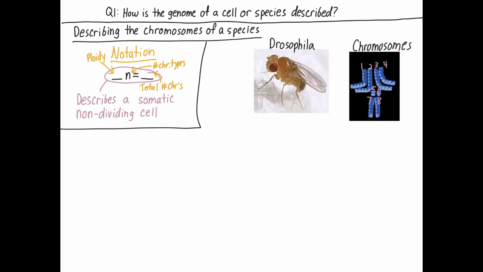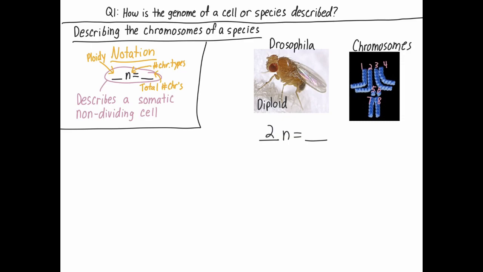Drosophila has 8 total chromosomes and is diploid. So, what number goes here and what number goes here? Take a moment and pause the video and try to write down these correct numbers for Drosophila. Okay, so Drosophila is 2n because it's diploid, and we can count the chromosomes in the picture, and we see that there are 8 of them.